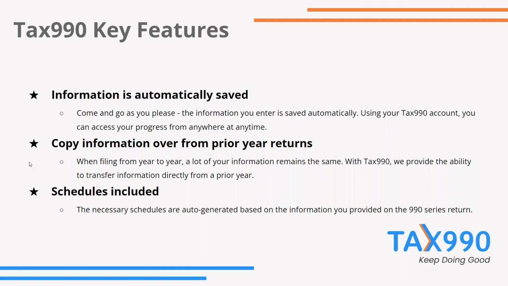For example, if you make the selection on the 990 form that the organization you're filing on behalf of is a 501c3, page 1 of Schedule A will generate automatically. Once you choose the reason for the public charity status on page 1 of Schedule A, the necessary additional parts of Schedule A will be enabled.